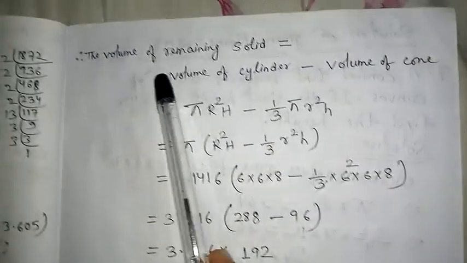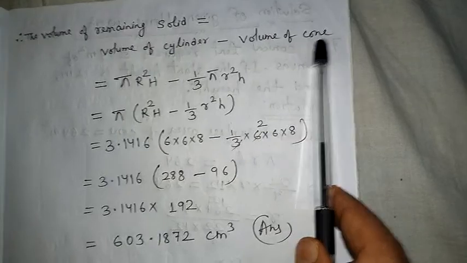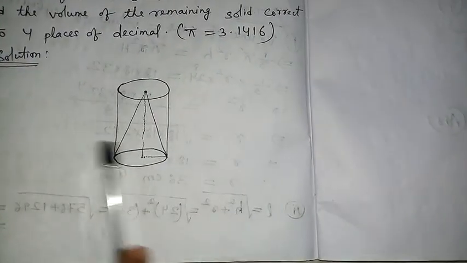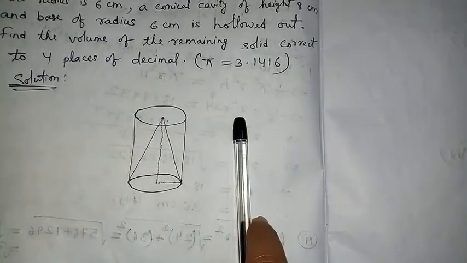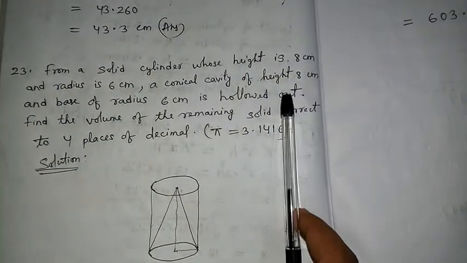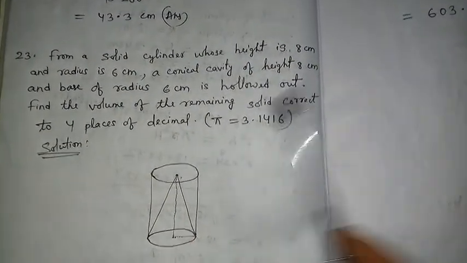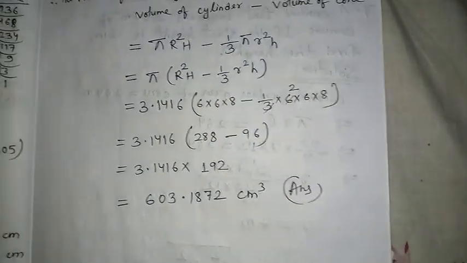So the volume of the remaining solid is volume of cylinder minus volume of cone. You have to find the volume of the whole cylinder and then subtract the volume of the cone, then the remaining portion's volume will come. All the values, the r and h, everything is given here, children. So put those values and ultimately you get the answer.